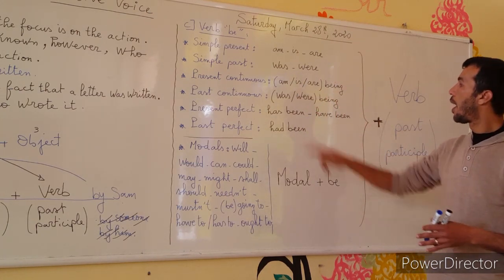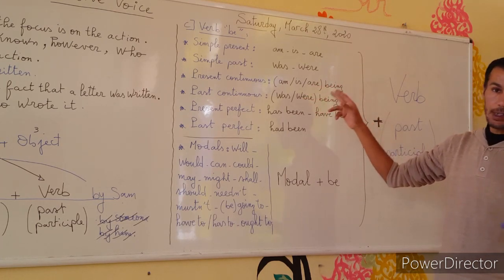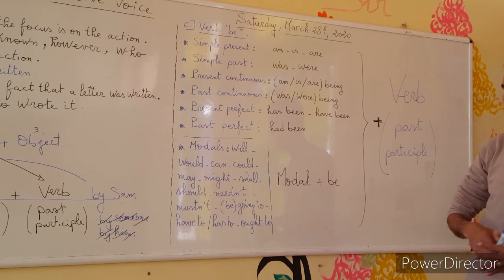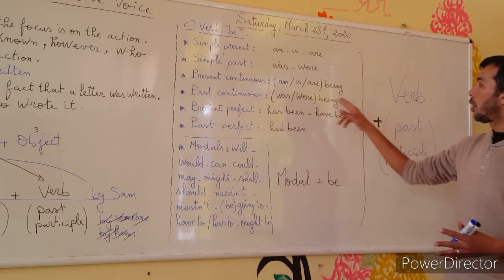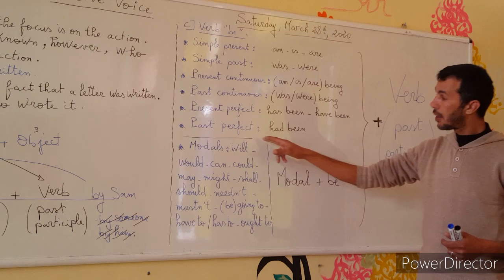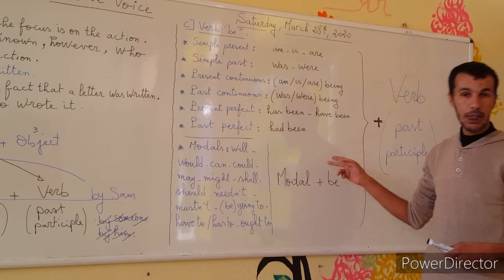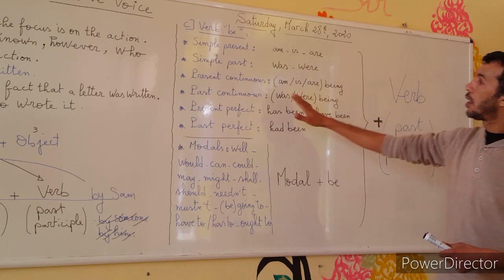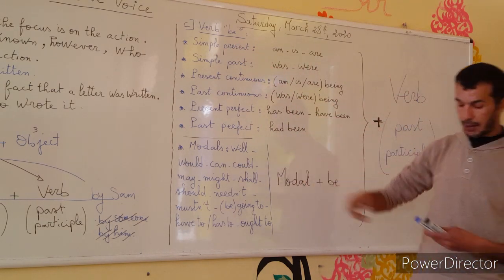Present continuous: am being, is being, or are being. It depends on the subject that we have right at the beginning of the sentence, which is in the passive. The past continuous: was being or were being. Present perfect: has been, have been. And for the last tense that we have here, past perfect, which is had been. So here, what are we doing? Just conjugating the verb be in these tenses. Then we have modals.